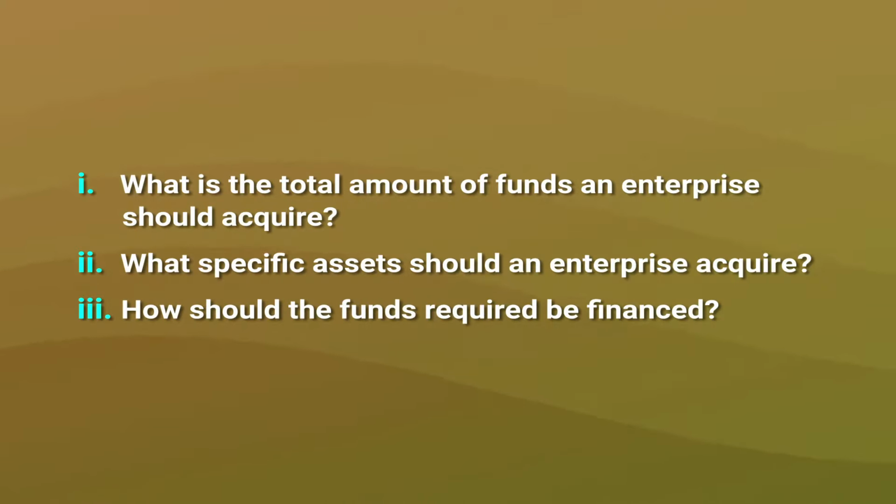The main contents of the modern approach are: the first one, what is the total amount of funds an enterprise should acquire? The second one is, what specific assets should an enterprise acquire? The third one is, how should the funds required be financed?